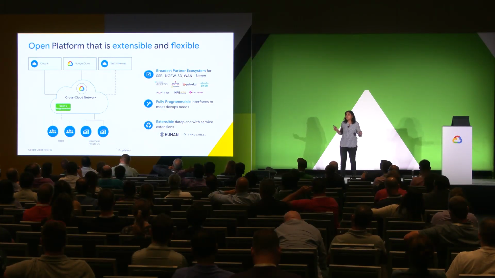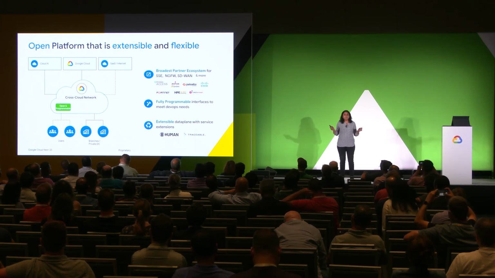Our latest addition to our partner ecosystem are SASE providers, Prisma Access from Palo Alto Networks, and Broadcom Symantec Secure Web Gateway solution, where you can now turn on SASE service within your own VPC in GCP as a GCP native service without having to go through complex routing changes to enable these services for your environment.